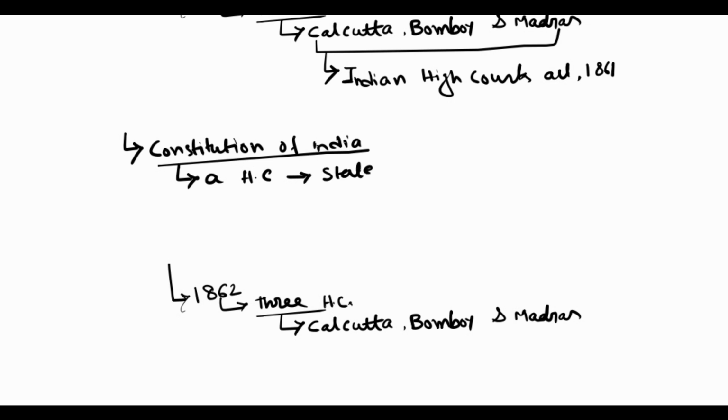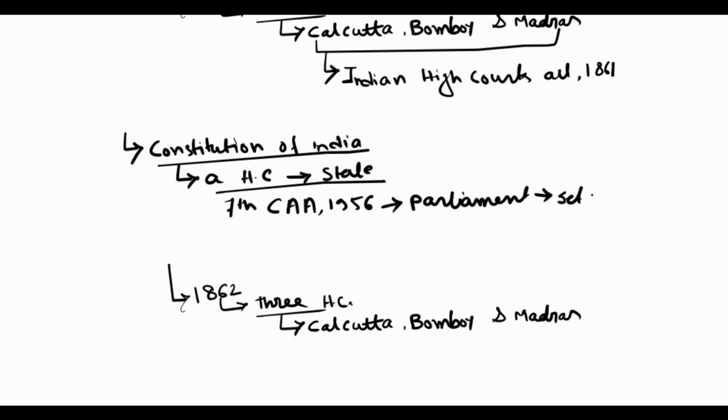However, the 7th Constitutional Amendment Act of 1956 authorizes the Parliament to set up a common High Court for two or more states.